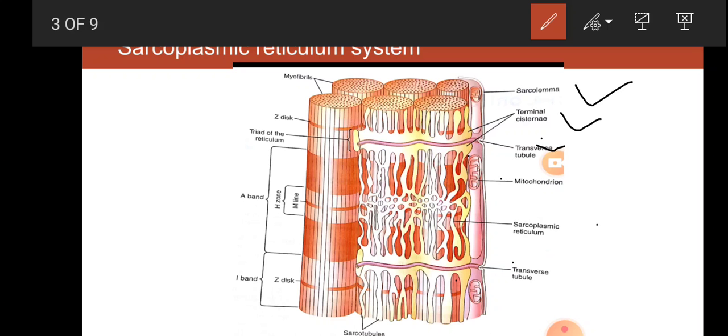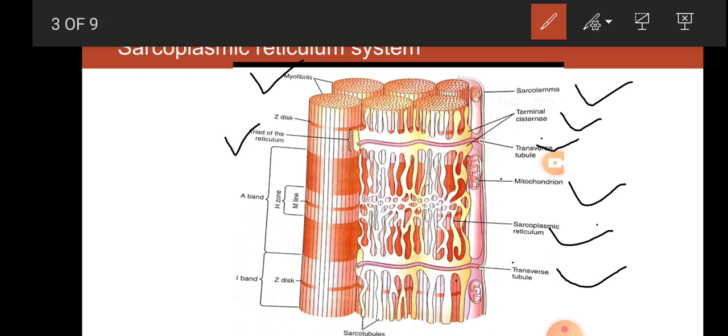Transverse tubules, mitochondria, sarcoplasmic reticulum, and again transverse tubules. Along with these are the myofibrils. This is the triad of the reticulum adjacent to the myofibril.